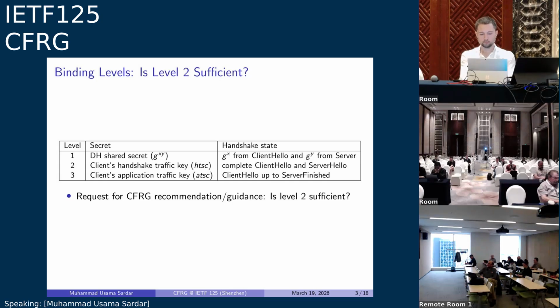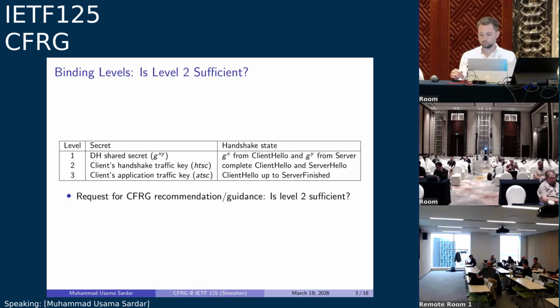The second one is the client handshake traffic secret, coming from section 7.1 of RFC 8446, and that includes the complete client hello and server hello, which means that the first one is completely included in this one, and it's strictly stronger than the first one.